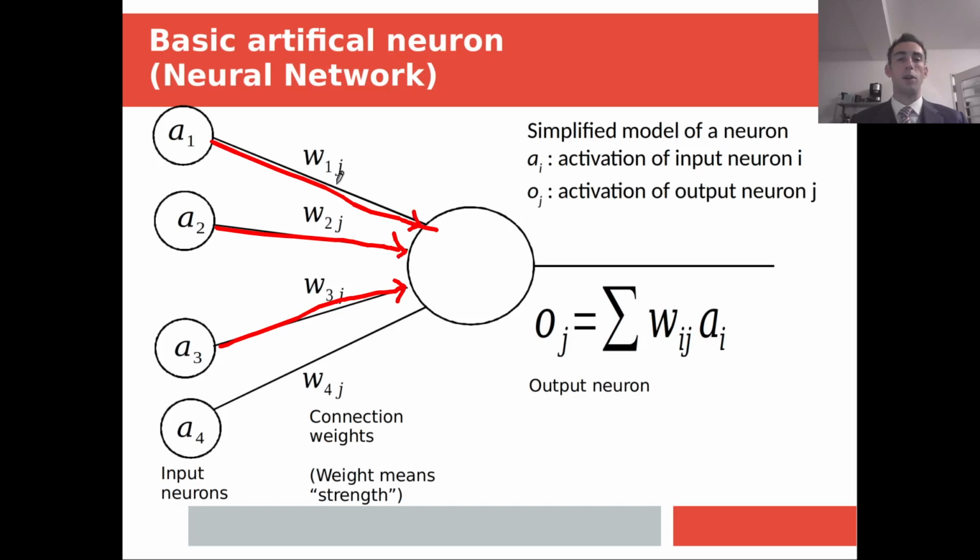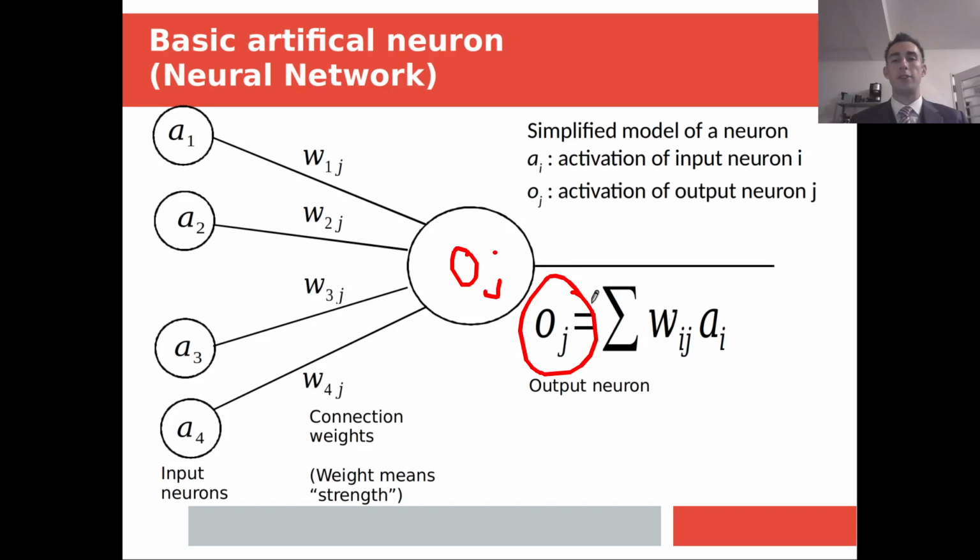Weight 1J, weight 2J, weight 3J, weight 4J. And the output, the activation of this neuron J, is just the sum of this activation times this weight, this activation times this weight. The dot product between the neuron activations and the weights.